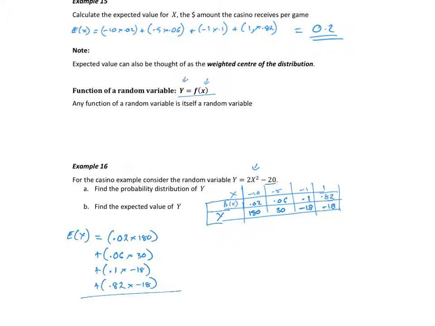Let's work that out, and we get negative 11.16. So it's a bit harder to give a meaning to that because we don't really know what the function is. So the expected value of that y variable is negative 11.16.